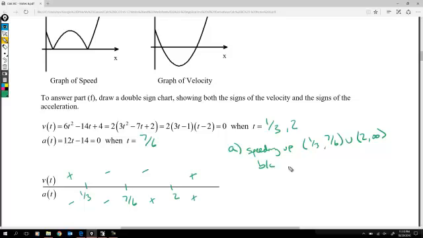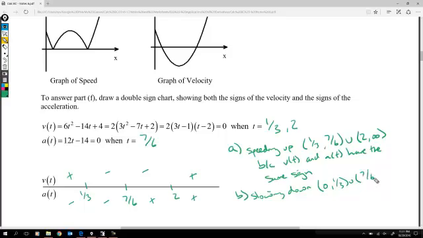The reason being because my velocity and acceleration have the same sign. Okay, I know I'm slowing down on my other intervals, so between 0 and 1/3, and then 7/6 to 2, and I know that because my velocity and acceleration have opposite signs.